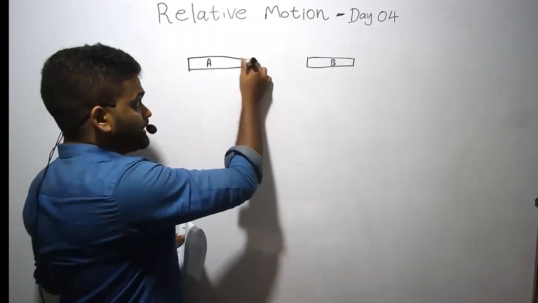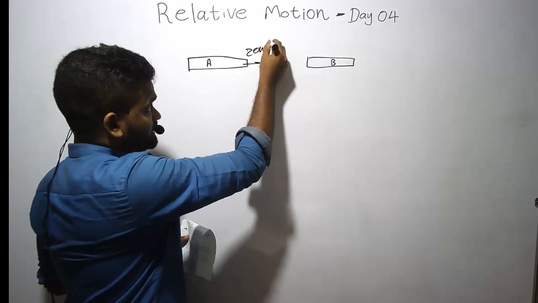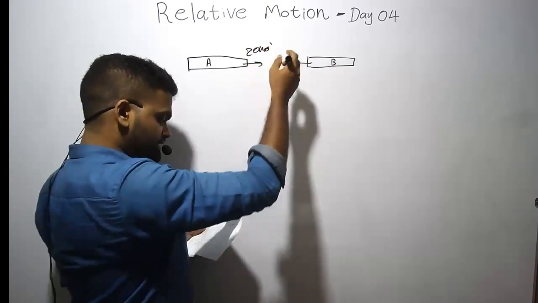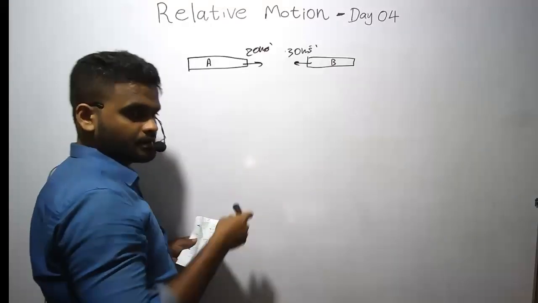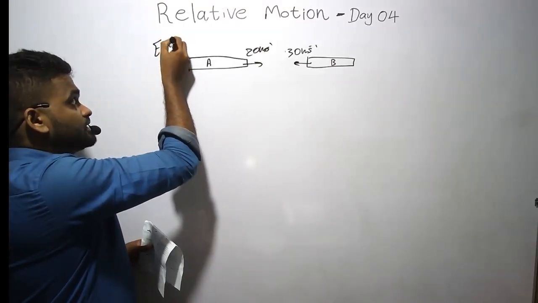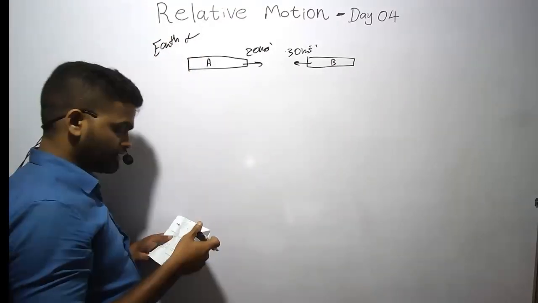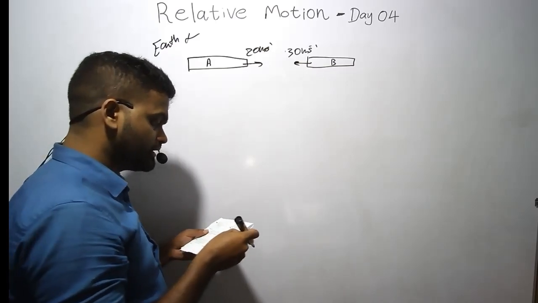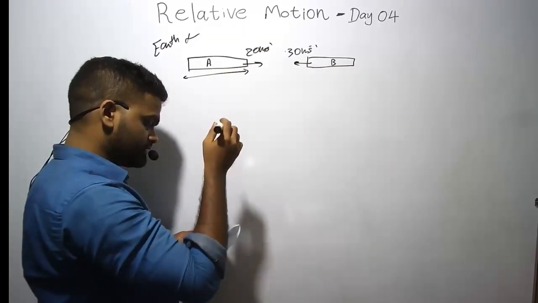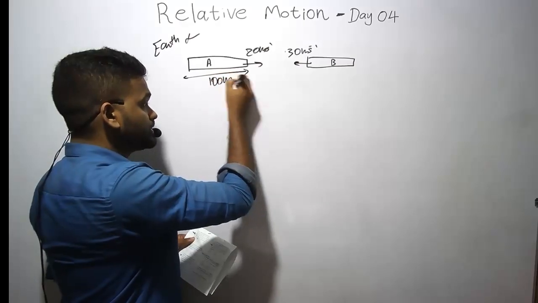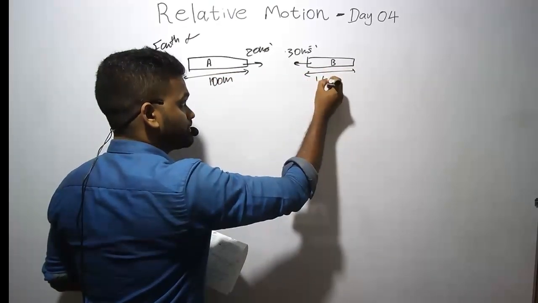So train A is moving at 20 meters per second, B moving at 30 meters per second. This is Earth frame, right? Everything relative to Earth. And the lengths of these trains are given as one is 100, another one 150.